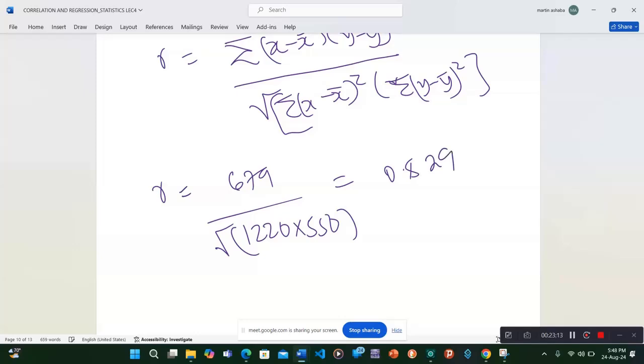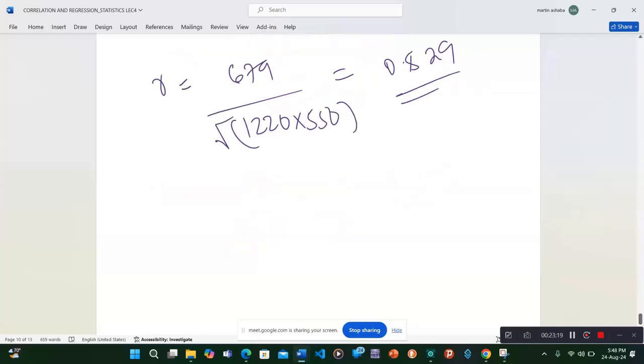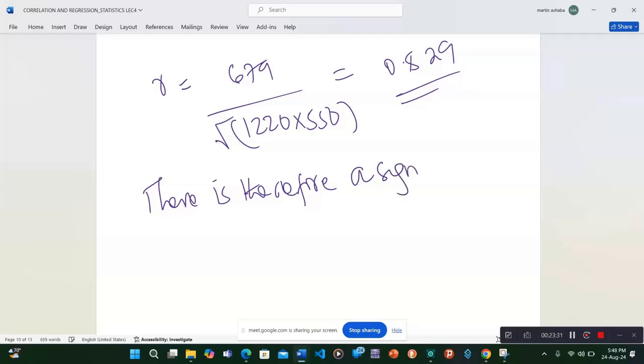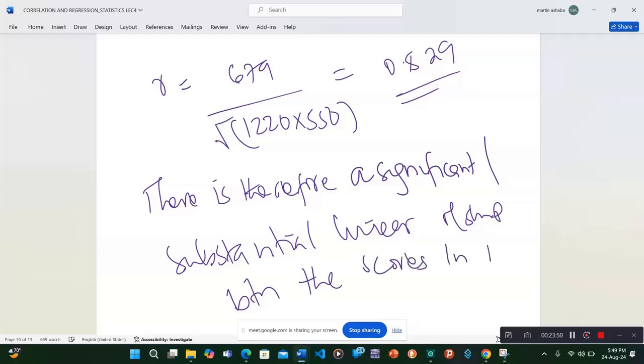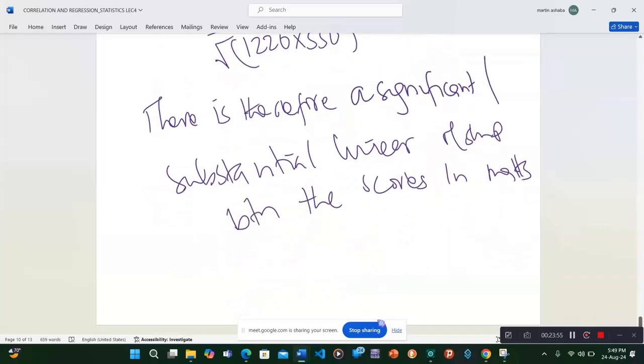What we are getting is 0.829, which also shows you that there is therefore a significant, substantial linear relationship between the scores in math and physics.